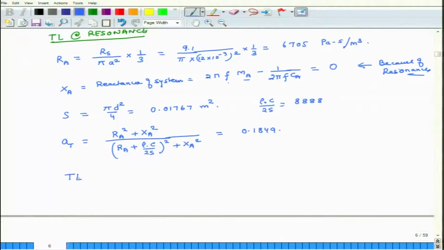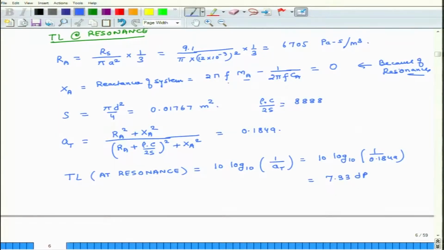So, my transmission loss at resonance is equal to 10 log of 1 over AT, so this equals 10 log of 1 over 0.1849, and if you do the math this comes to be 7.33 decibels.